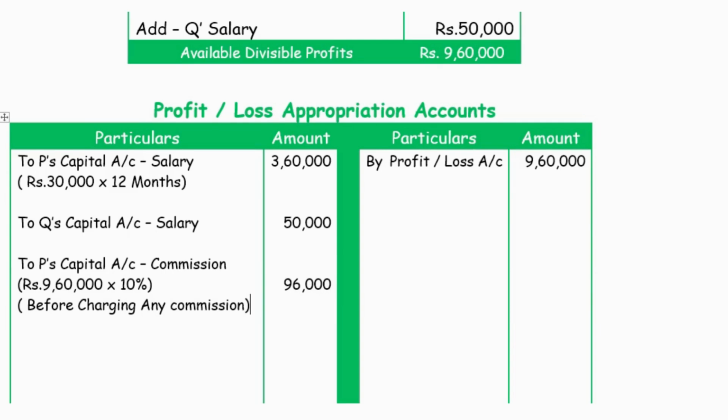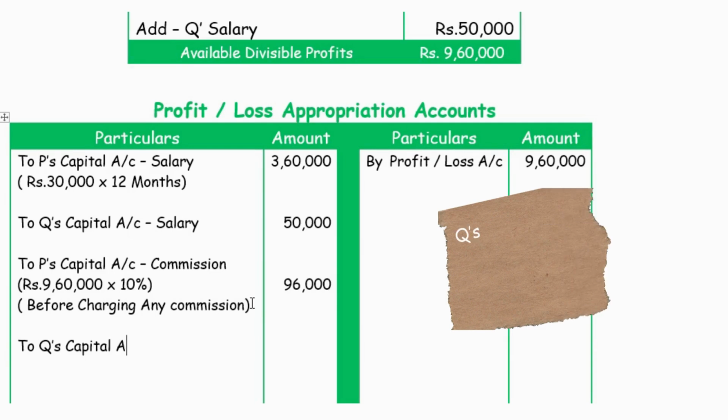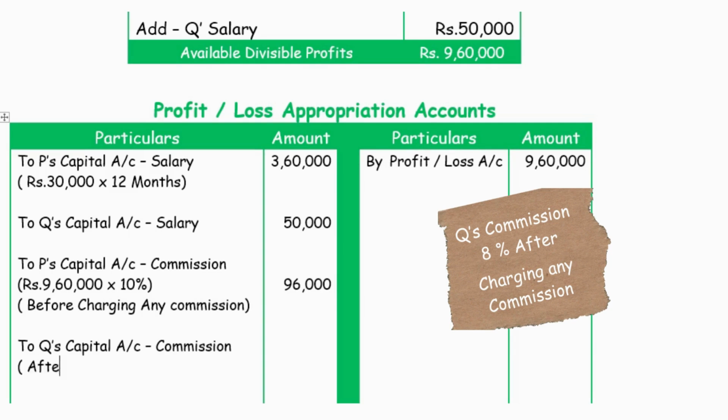Whereas the next partner, Q's capital, is also entitled to a commission, but the differentiating point of Q from Mr. P is that he is going to get a commission after charging any commission. What is that?